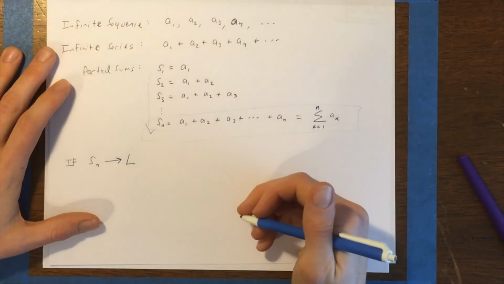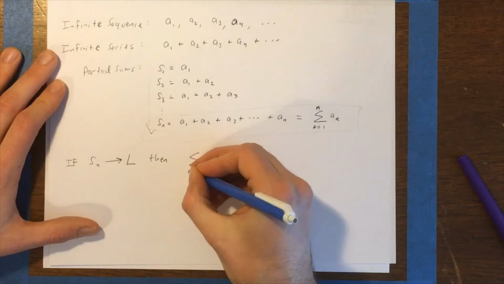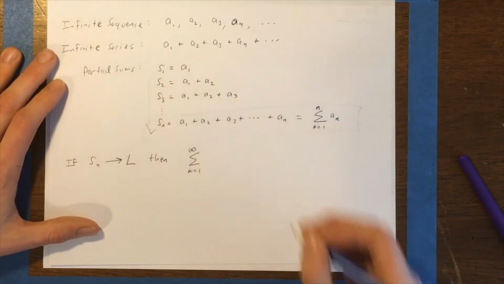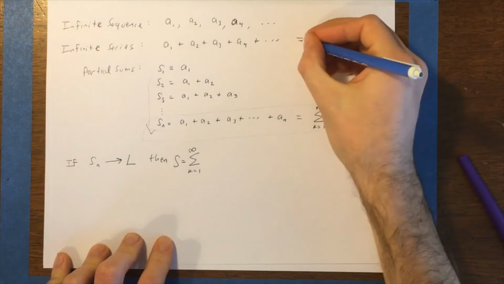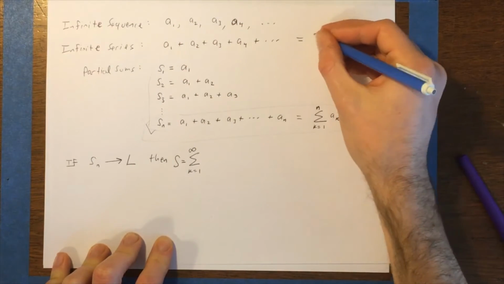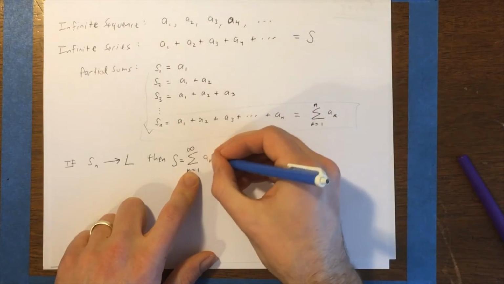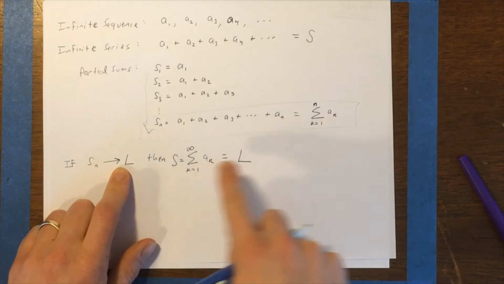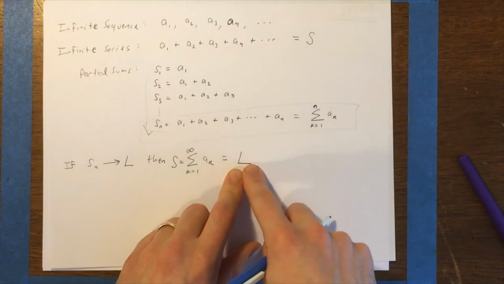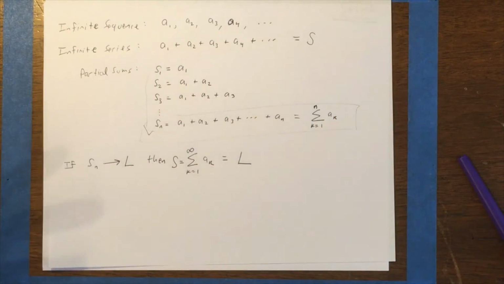So if Sn gets closer and closer to a finite value, then the sum k equals 1 to infinity, which is usually represented by S, the total sum, if you sum up this entire infinite series, that's called S. If that sum exists, summing up the ak is going to equal L. Whatever number you are getting closer and closer to, converging on, that's the sum of the whole series. Because as you're adding on more and more terms, you're getting closer and closer to the total sum, right? So whatever number you're approaching is the total sum.